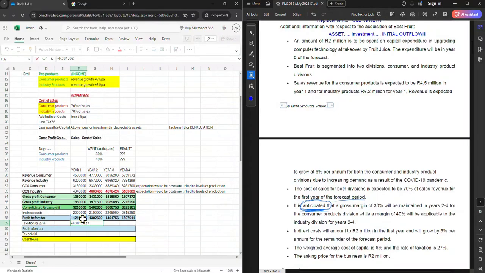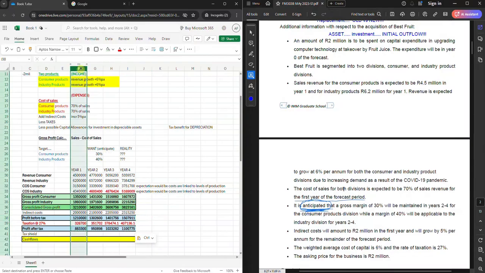Yeah, so that equals times 0.27. Agree? 100%. And then what? You do profit before tax minus taxation. After tax means subtract the tax, right? Exactly. So you do profit before tax minus taxation, sorry.